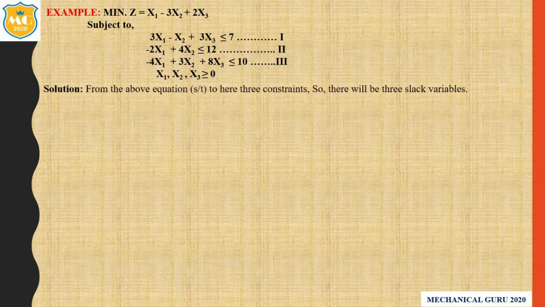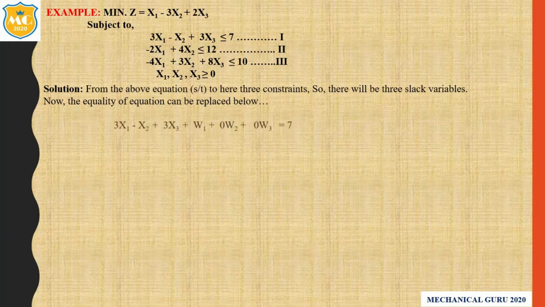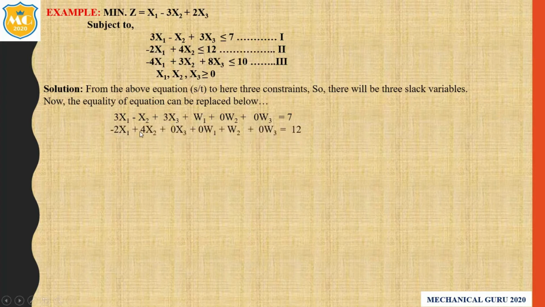Now here the sign is less than or equal to for all constraints, which means we have to add 3 slack variables. First we convert the equations. The first equation is 3x1 - x2 + 3x3 + w1 + 0w2 + 0w3 = 7. Similarly, the second equation is -2x1 + 4x2 + 0x3 + 0w1 + w2 + 0w3 = 12, and similarly the third equation.